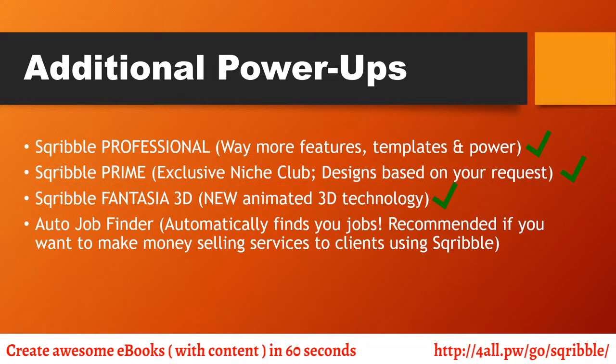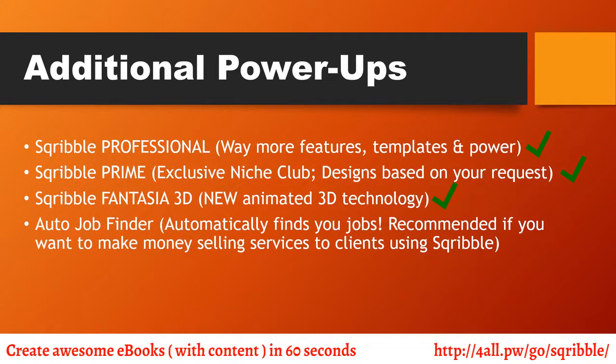There are so many different sites and platforms built into Auto Job Finder, like Freelancer, Behance, 99designs. A lot of the main sites that people use to go and post jobs to get done, they've actually integrated into one dashboard, and it's automatically going to find you any type of job, not just ebook jobs, but you could actually type in graphics.